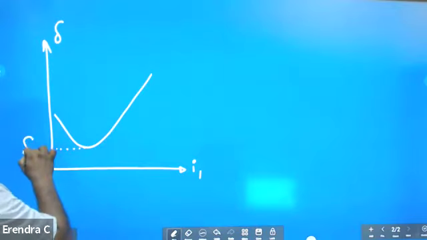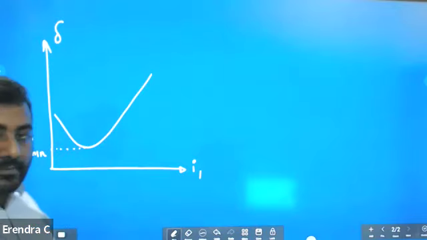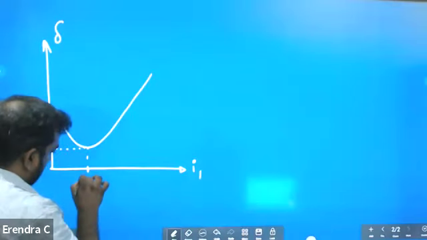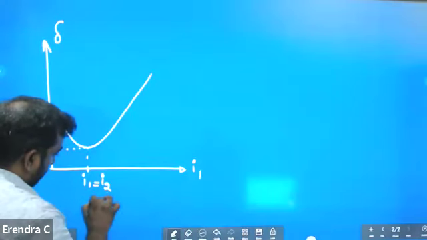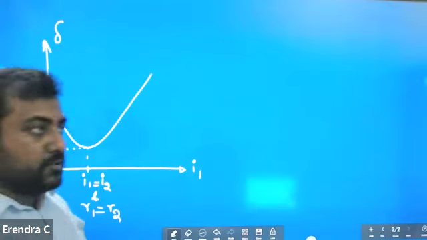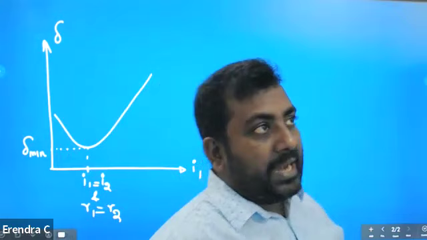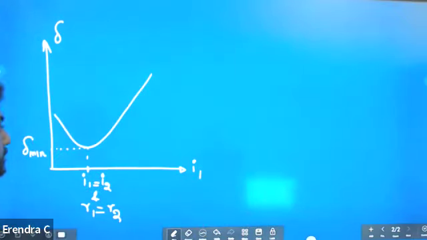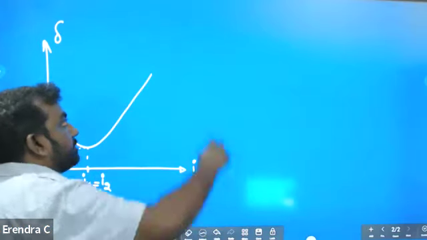But here there is a minimum deviation. Here I1 equals I2 and R1 equals R2. So whatever the prism angle, I1 is equal to I2, R1 is equal to R2 at minimum deviation.